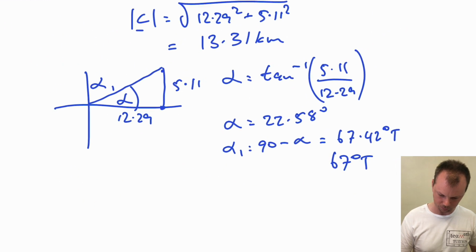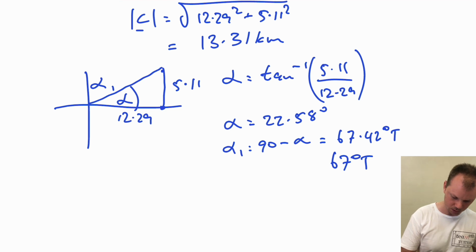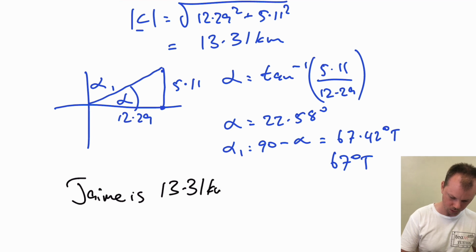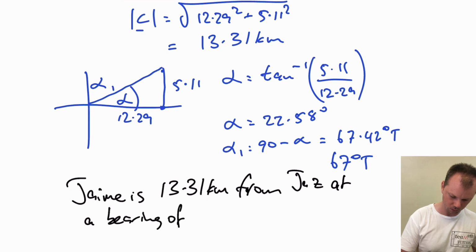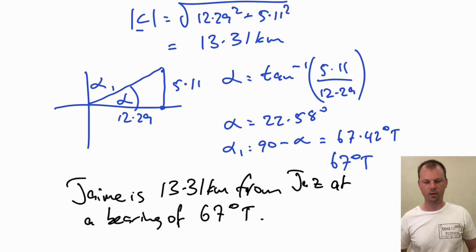Okay, so Jamie is 13.31 kilometers from Jazz at a bearing of 67 degrees true. Okay, and we have our answer.